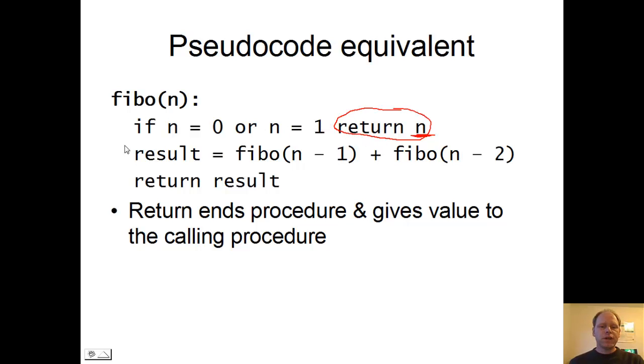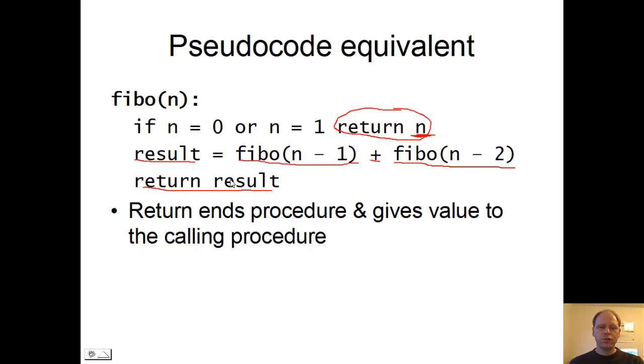If that's not the case, we continue, if n is greater than 1, and then here we have the recursive call with n minus 1, and the second recursive call with n minus 2 as parameter. We sum them, and the sum is put in the variable result, and that's what we return.